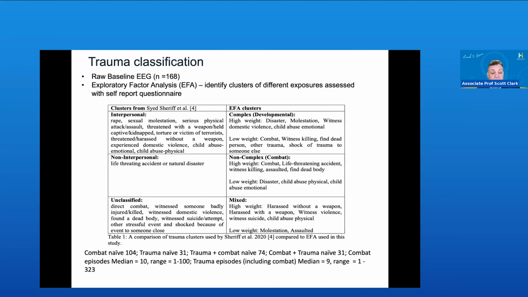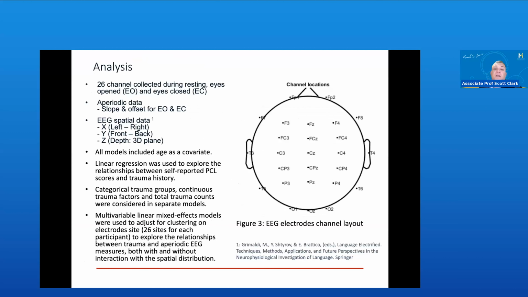So we had a good range of subgroups. And we had data on 26 channel EEG. This is a map of where the EEG electrodes are on the head, and each of those electrodes records a waveform, and that data is available to be processed.